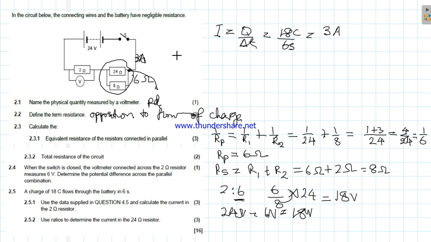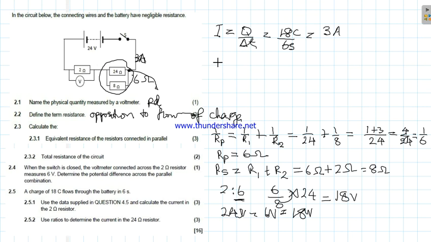Right. When resistors are connected in parallel, the potential difference across those resistors is the same. So the potential difference across both resistors is 18 volts.